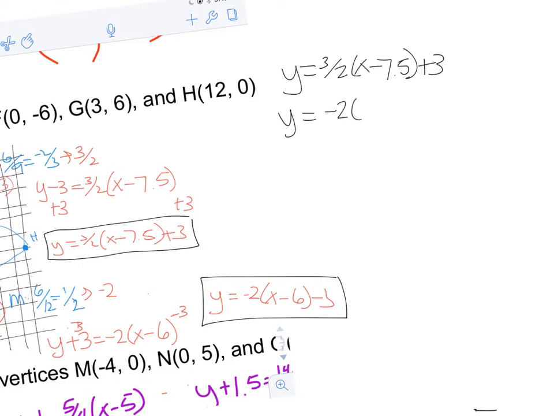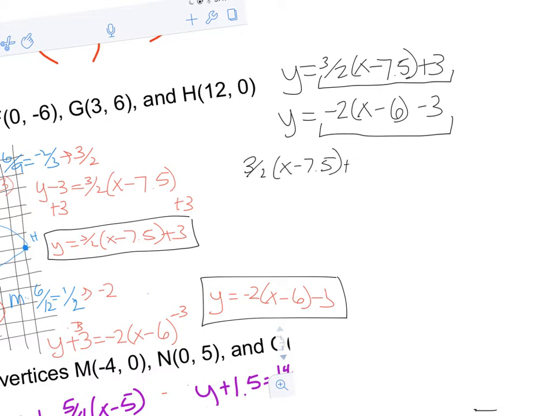I'm going to set everything past the equal sign in both equations equal to each other, because they both equal y, and this will make it a lot easier to find x. So I have 3/2 times x minus 7.5 plus 3 equals negative 2 times x minus 6 minus 3.